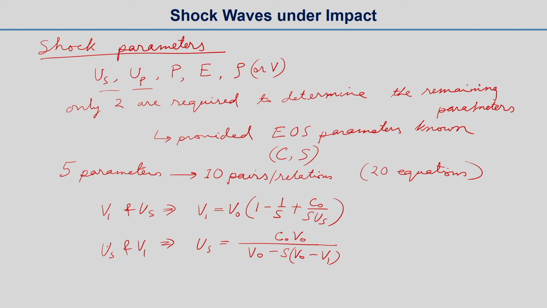So just to show you, this is one pair. And there can be 2 equations from these pairs, since you can reverse it, and that is how you can get 20 equations out of these 5 parameters.